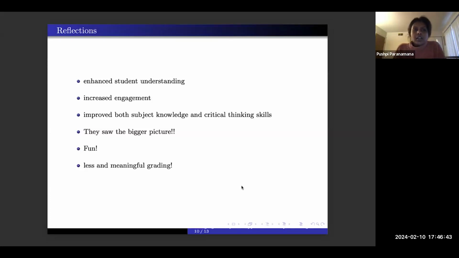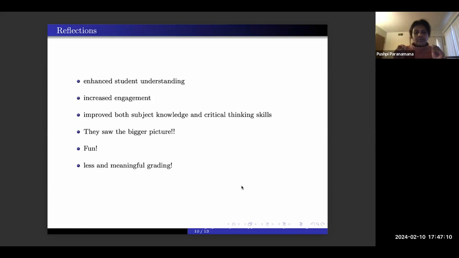Reflections. I do believe that these things enhanced student understanding. Definitely the activities increased engagement. I threw in some activities during the semester as well, but not modeling activities. It also definitely improved their critical thinking skills.